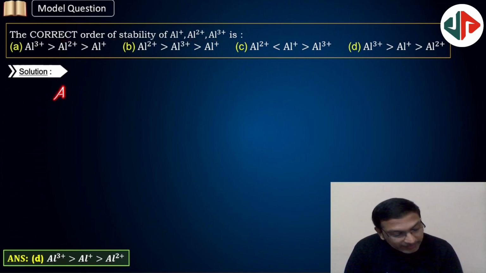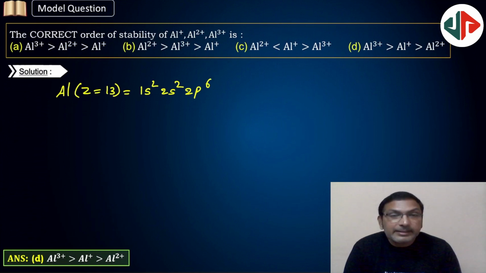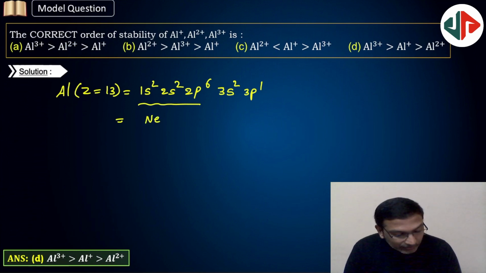So in aluminium, Z equal to 13, that is 1s2, 2s2, 2p6, 3s2, 3p1. Or we can write neon core, 10 electrons, 3s2, 3p1.